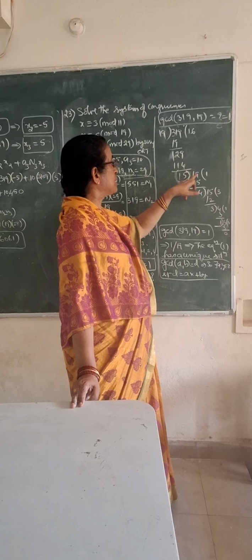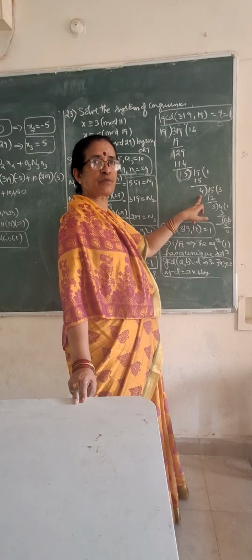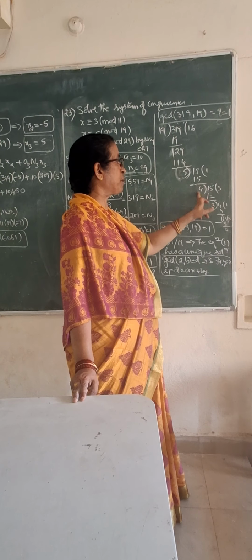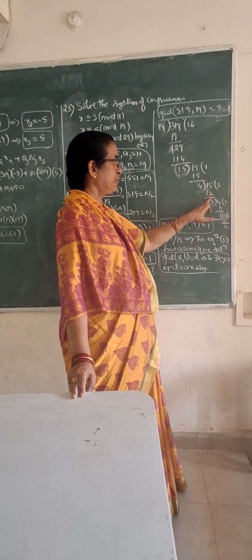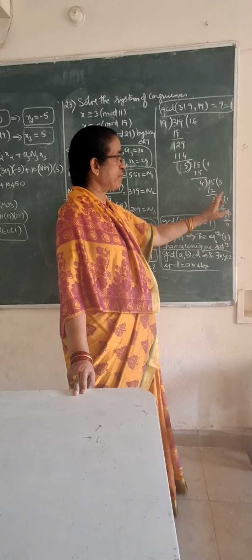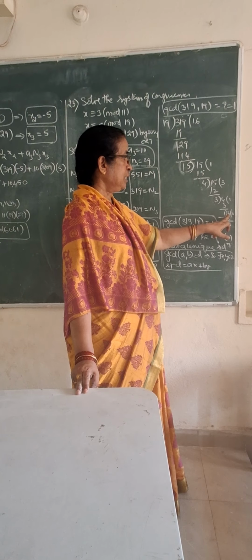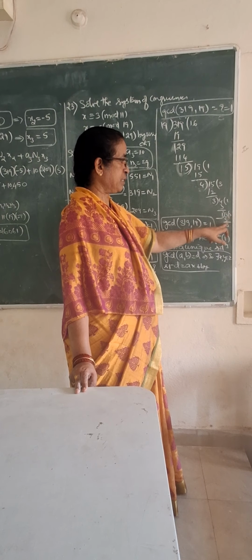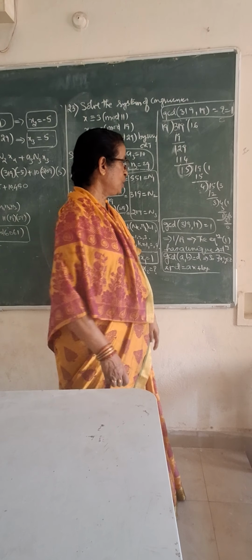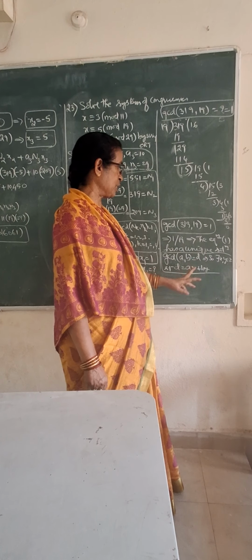Once again bring 19 down. 15 ones are 15. 19 minus 15 is nothing but 4. Once again divide 15 by 4. 4 threes are 12. 15 minus 12 becomes equal to 3. Bring 4 down. 3 ones are 3. 4 minus 3 equal to 1. When 3 is divided by 1, we get the remainder equal to 0. So the GCD of 319 and 19 is equal to 1.